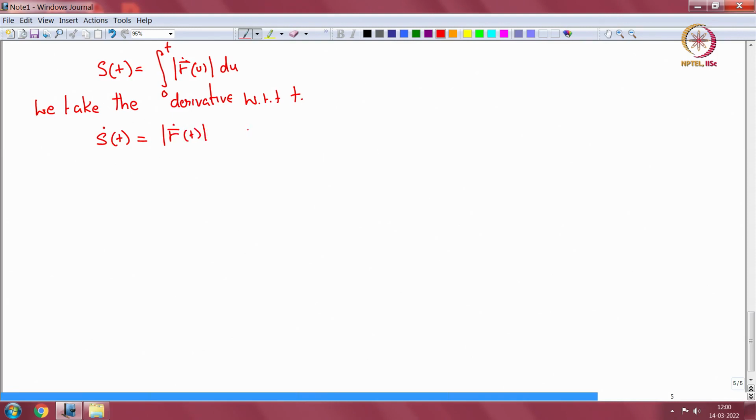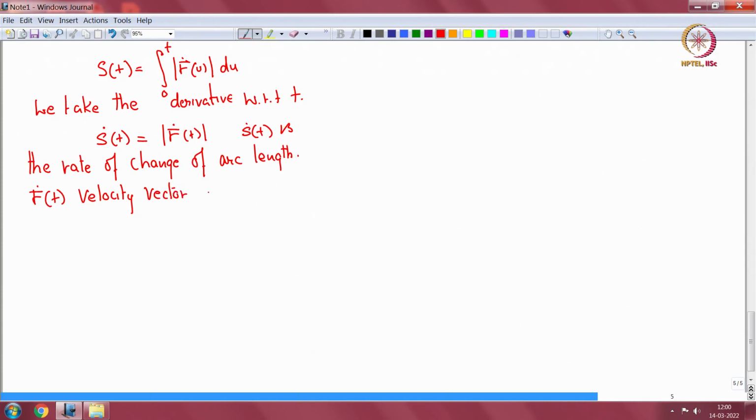So you see, s dot is the rate of change of arc length, and r dot of t was the velocity vector, the tangential velocity vector, and therefore the magnitude is indeed the speed, which is s dot of t, the rate of change of arc length.